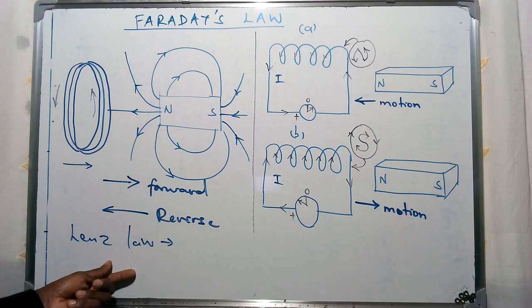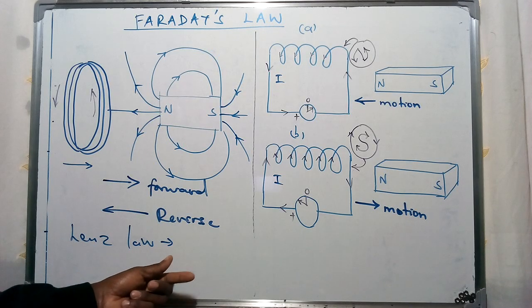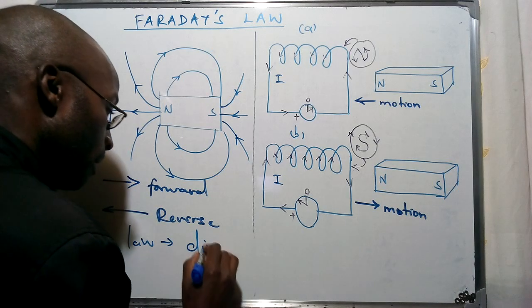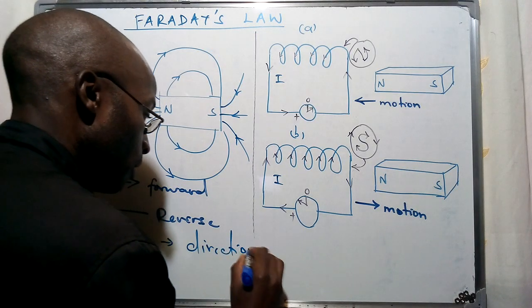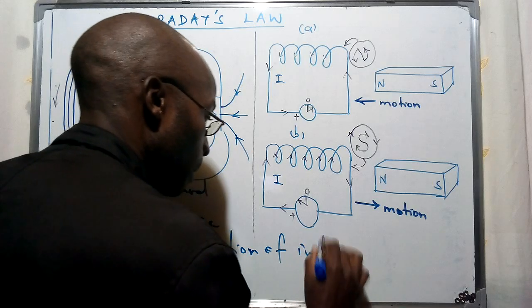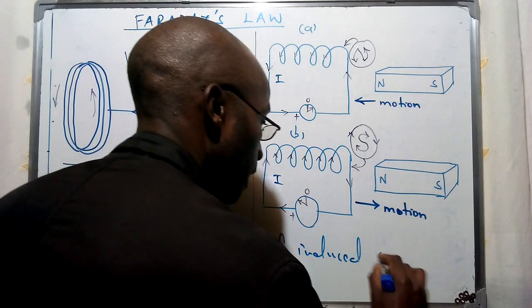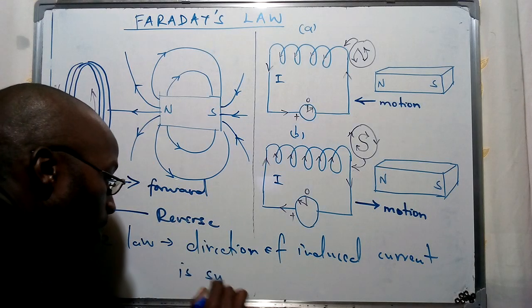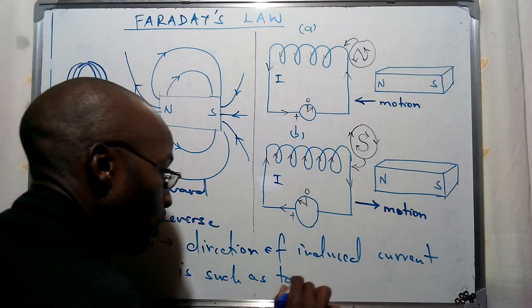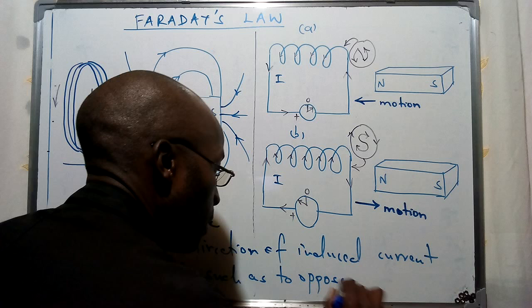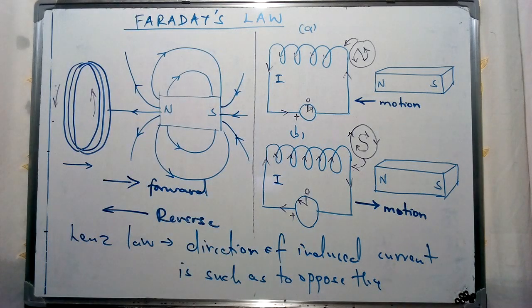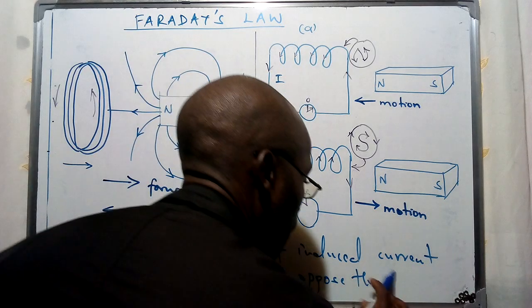And this law states that the direction of an induced current is such as to oppose the change causing it. In summary form, the direction of induced current is such as to oppose the change causing it.